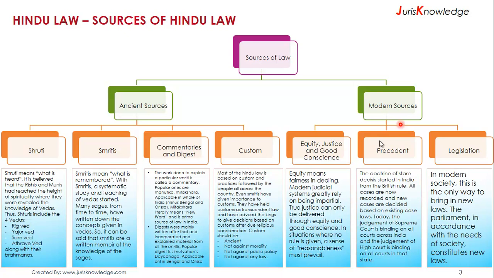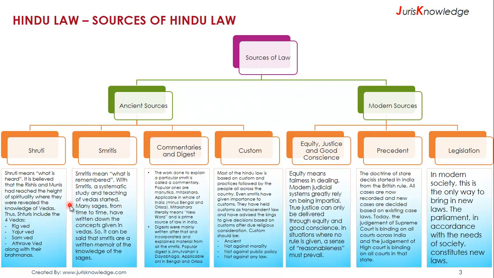And modern sources are categorized further into equity, justice and good conscience, precedent, and legislations, which means these are the different sources of modern Hindu law. And these are the four sources under the ancient sources of Hindu law.